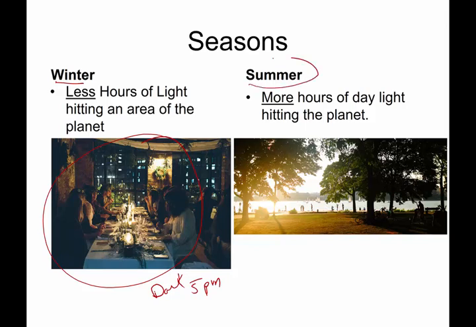But in the summer, there are a lot more hours of daylight. What time does the sun go down in the summertime? I don't know, sometimes 9 p.m., sometimes even later than that. So that means that there are actually more hours of daylight hitting our portion of the planet. And again, this depends upon that tilt of the Earth.